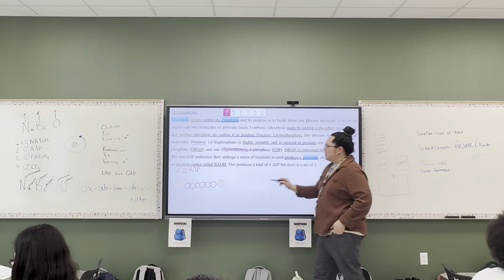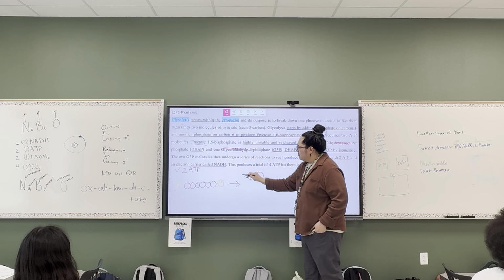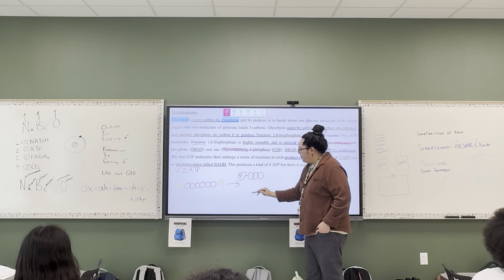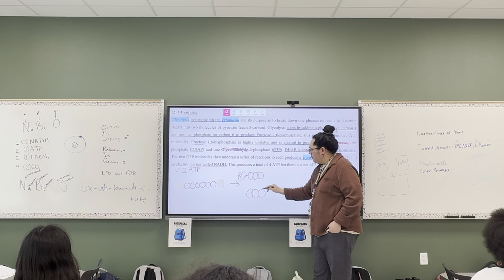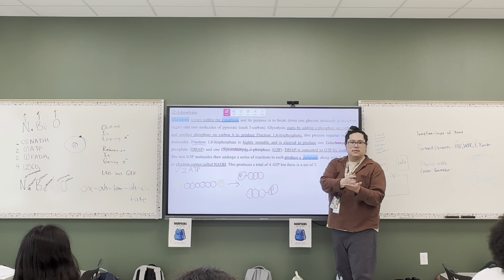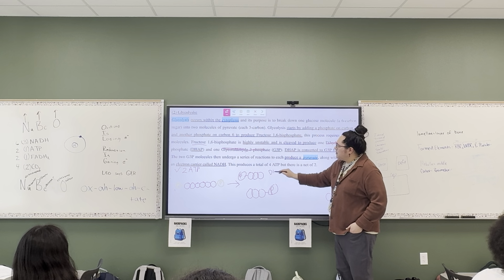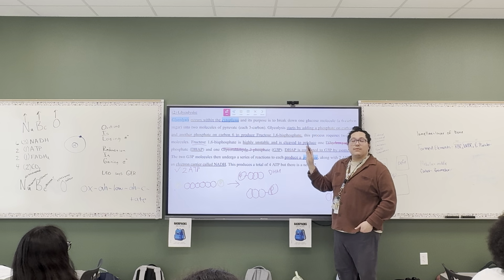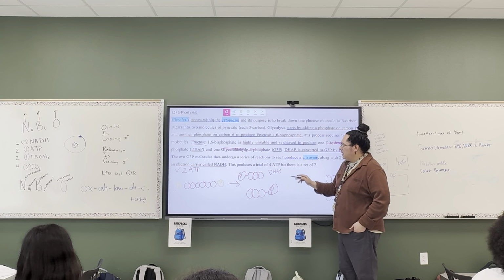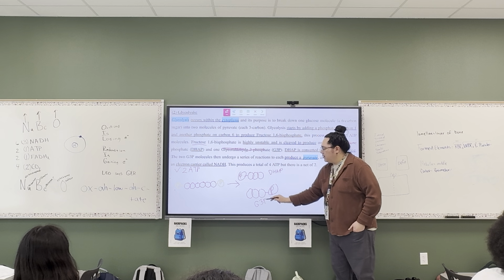So we do this. We end up getting this because we what? Cut it, we split it, we cleaved it. But this guy, his name is, don't even worry about the whole name, we're just using abbreviations. DHAP, and this guy is called G3P.